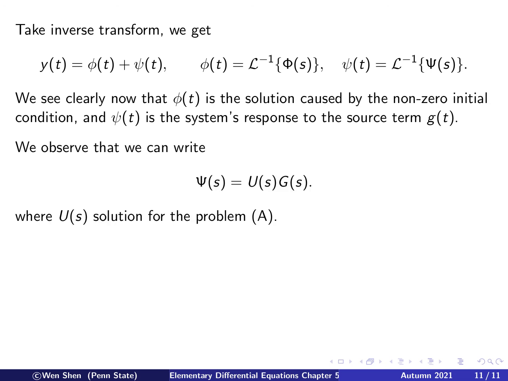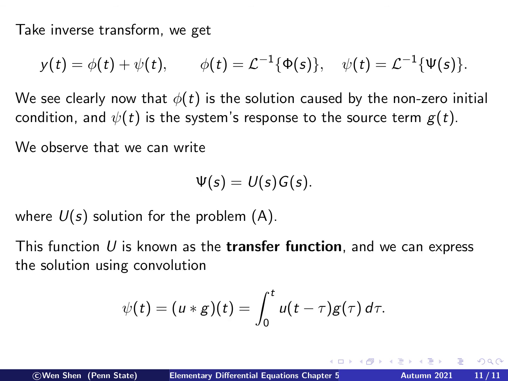Now let's look at the response term, capital Psi of s. We see that we can write it as two terms. One is capital U of s, which is the solution for problem A, which is 1 over the characteristic polynomial, and then G of s, which is the Laplace transform of g(t). So this function U is important here.